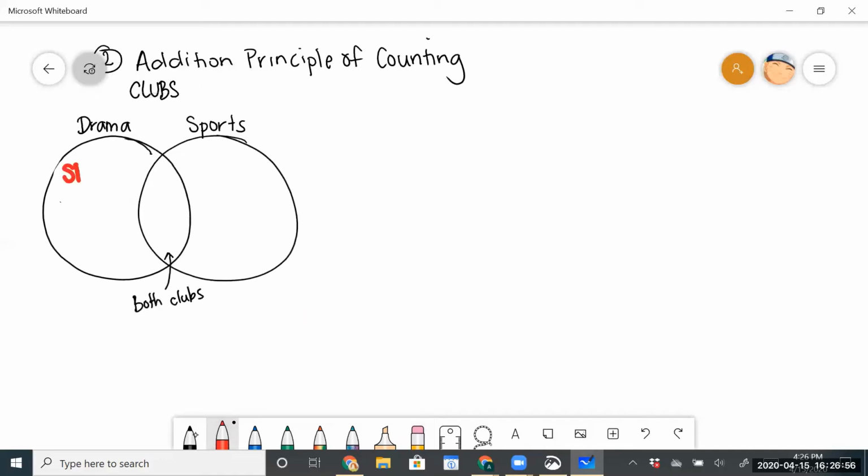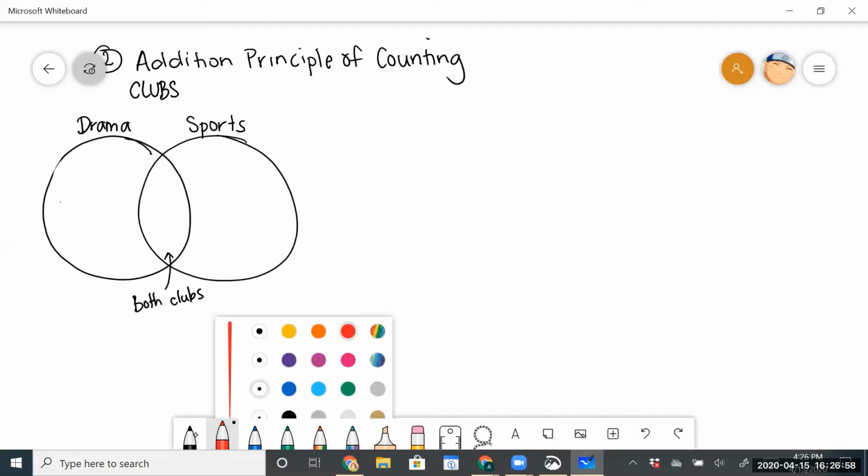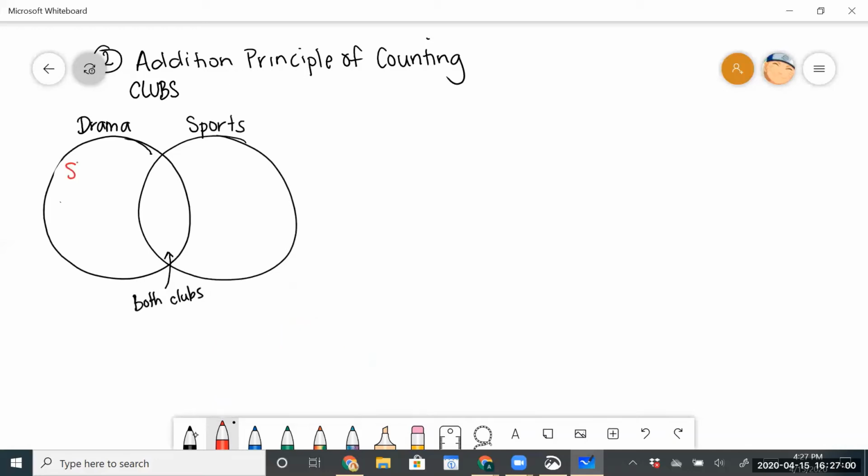We'll have Steve, and we'll put Peter and Jean and Remy. Interested to see if you know where I'm getting these names from. Let's put sports in blue, and we will have Natasha in sports and Clint in sports.